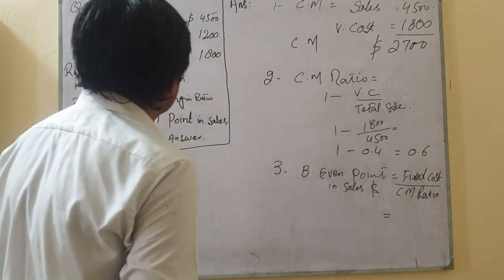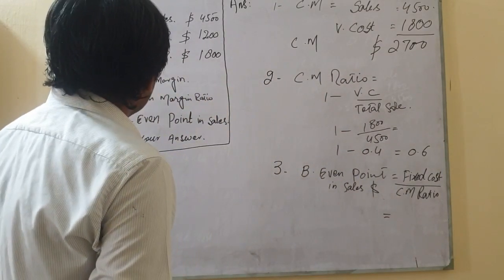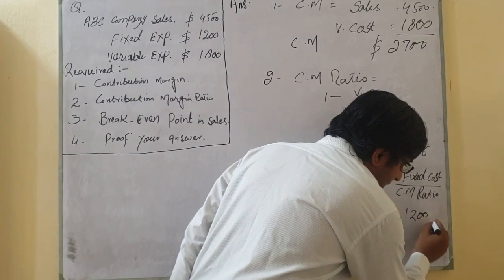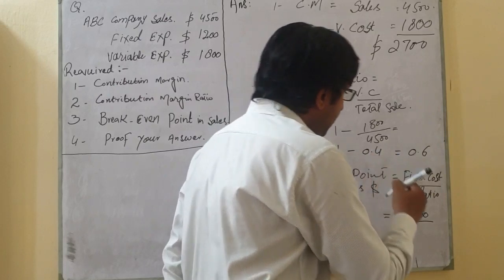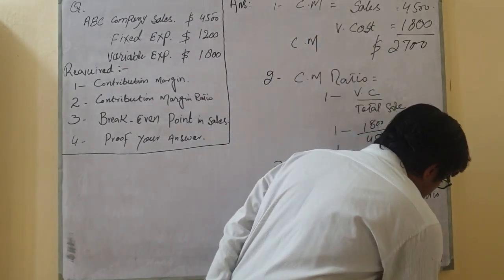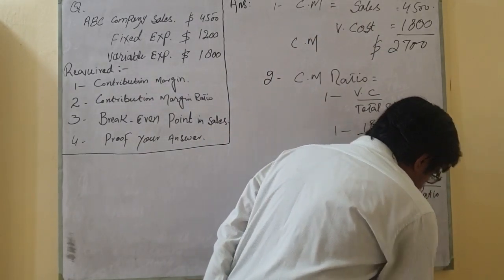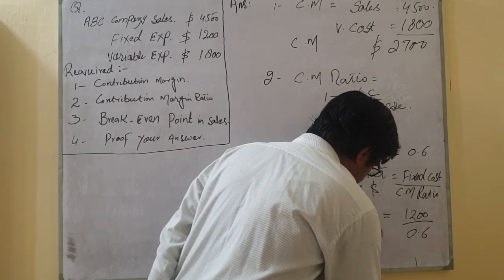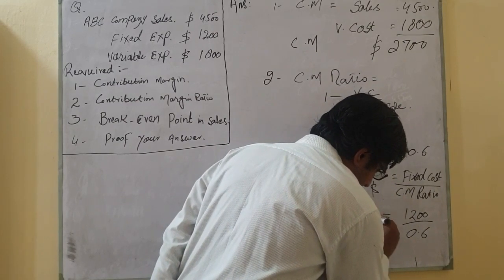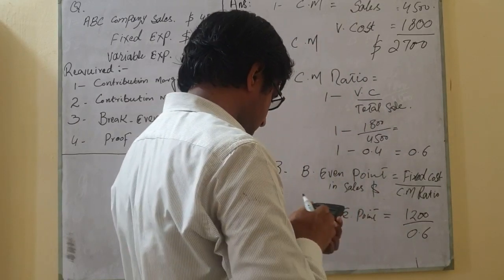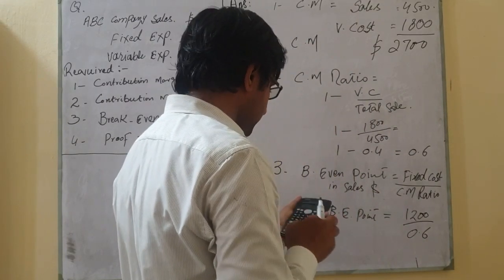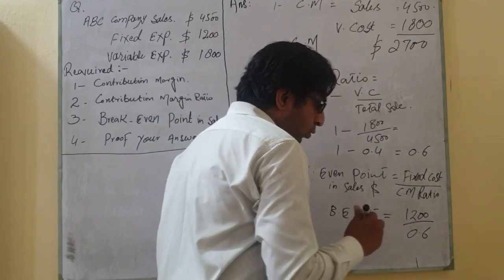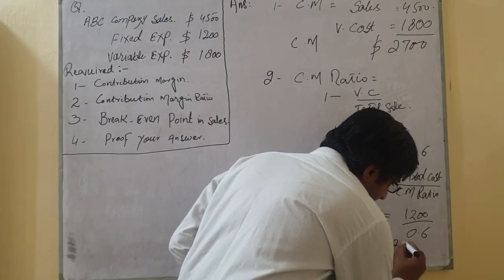In this case, our total fixed cost is $1,200 while contribution margin ratio is 0.6. So break-even point is $2,000.